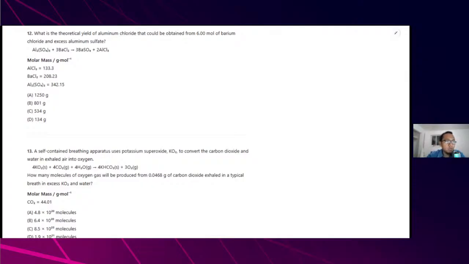This is the equation: Al2(SO4)3 plus 3BaCl2 gives 3BaSO4 plus 2AlCl3.